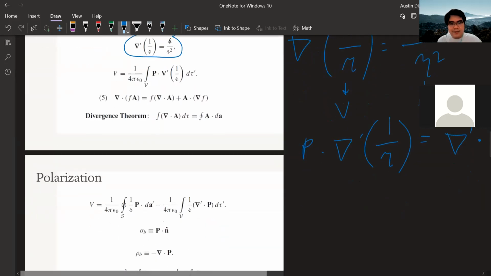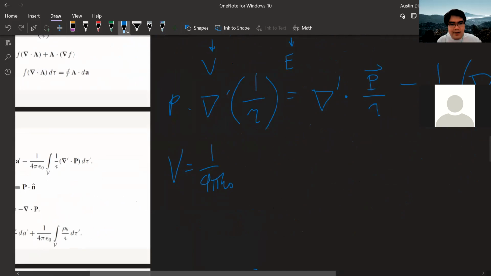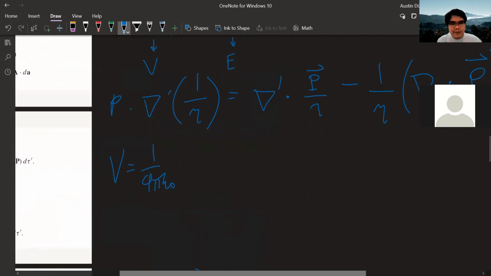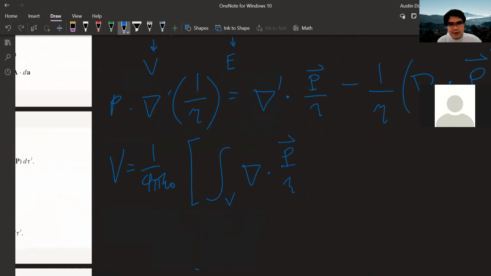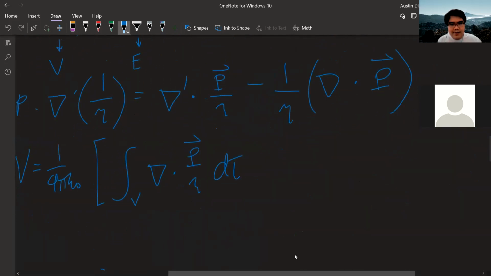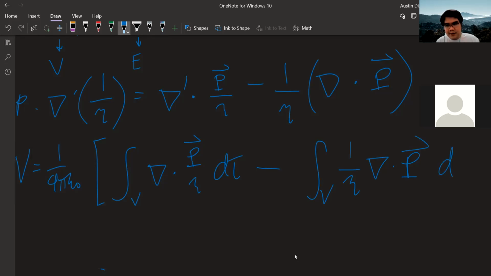So the potential has to be V equals 1 over 4 pi epsilon naught. Tapos volume integral ng del dotted P over r d tau minus volume integral pa rin ng del dotted P d tau.